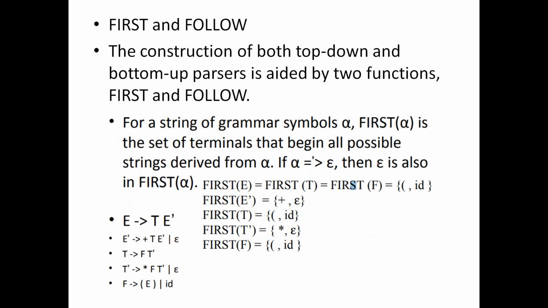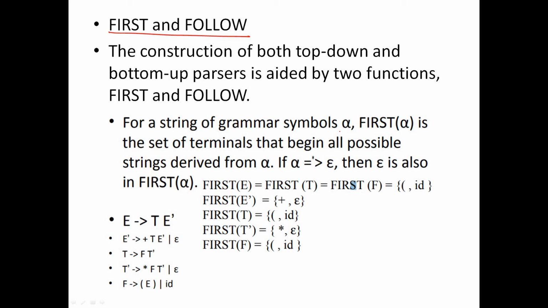And next we are using first and follow. There are methods called first and follow, and these will be used to construct bottom-up and top-down parse trees. These two are the methods, which we also call functions, which are helpful to construct top-down or bottom-up parse trees. So how are we going to construct?